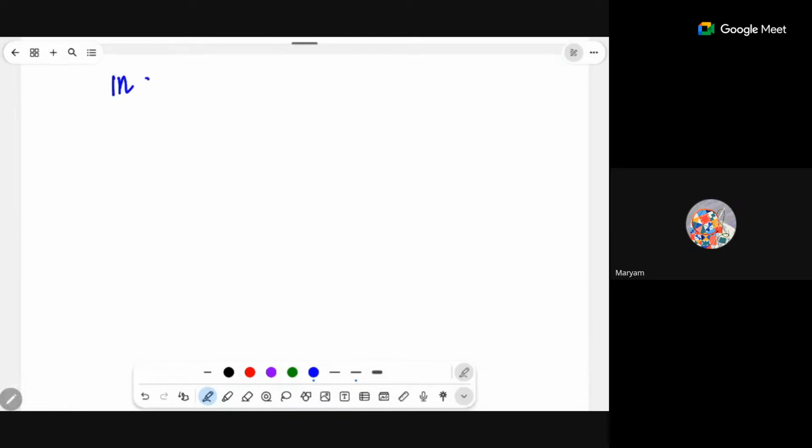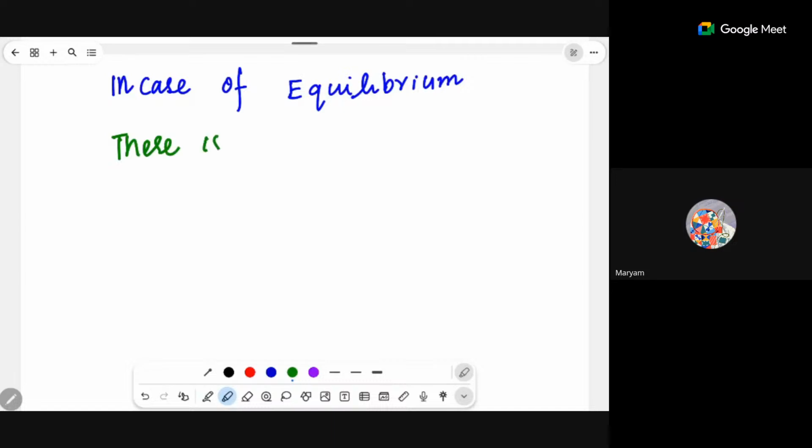In case of equilibrium, there is no resultant force, right? There is no resultant force. Okay, this is one of the things.